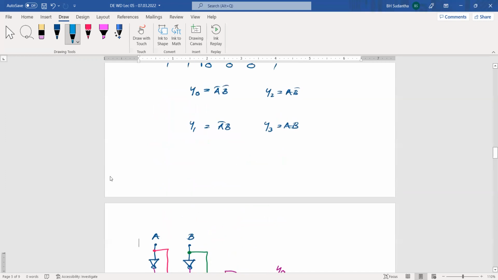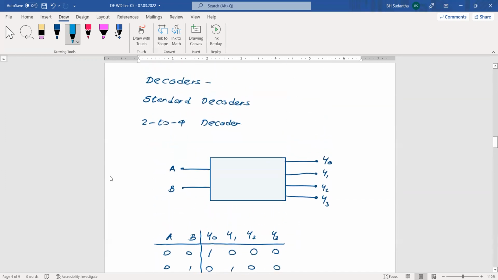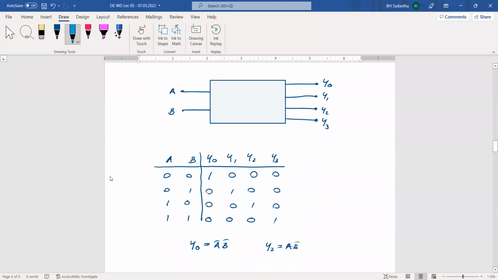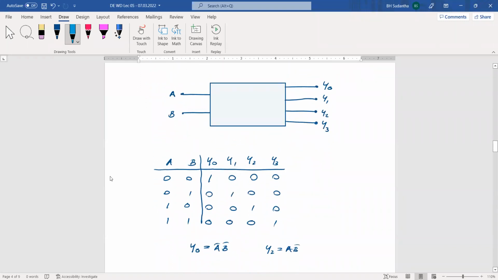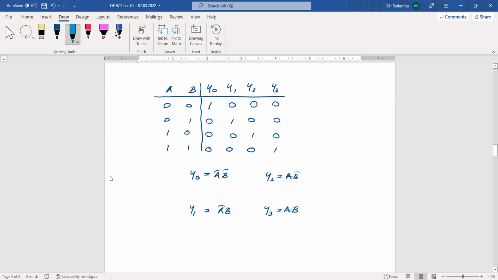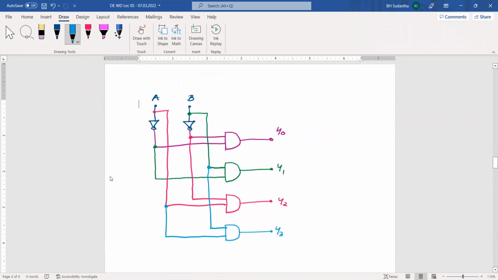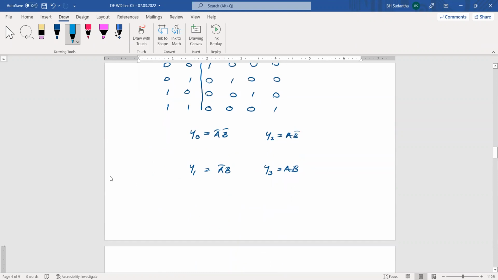Okay, when it comes to standard decoders, this is the 2 to 4 decoder. It's a very simple one. You can understand the truth table and block diagram also. Then based on the number of output lines we have to write output equations for each and every output line. Then we can draw the circuit. But is it possible to minimize these equations?